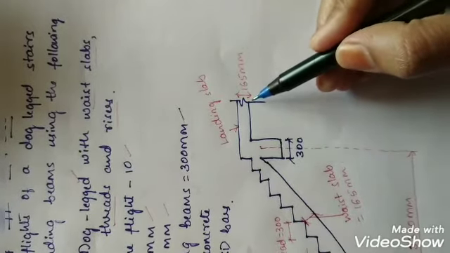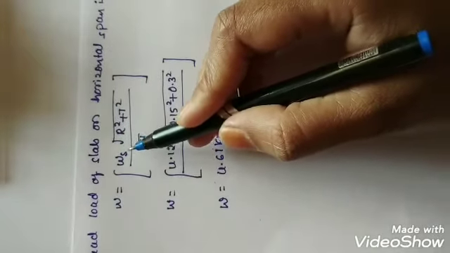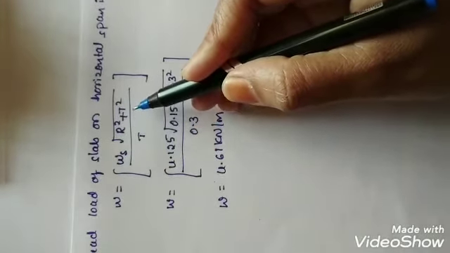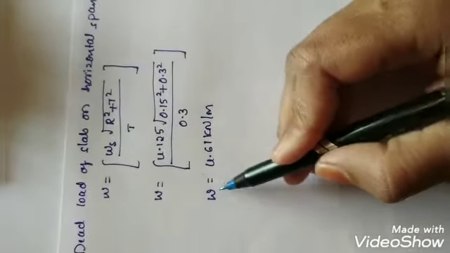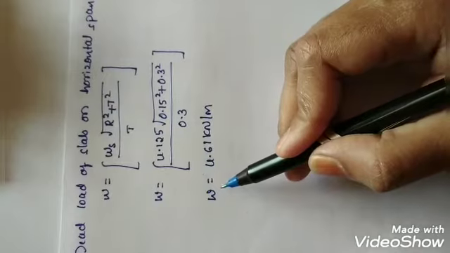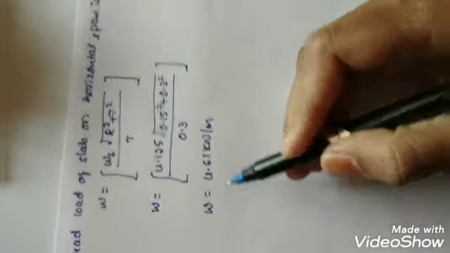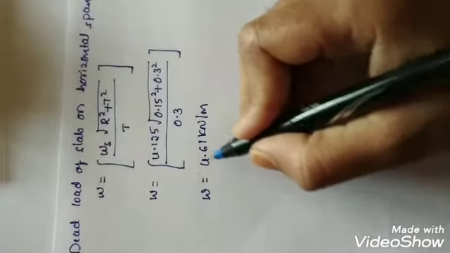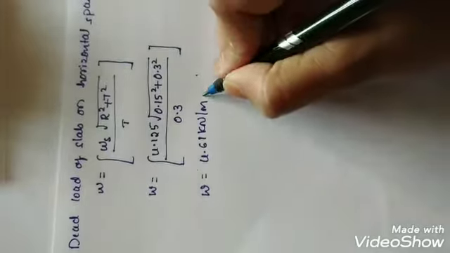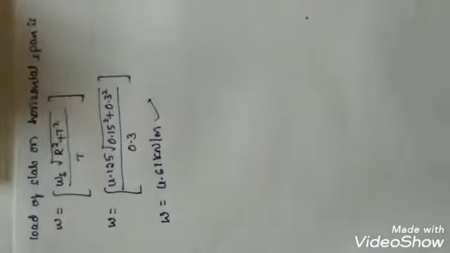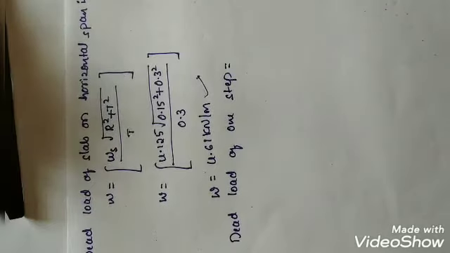We have considered this formula: W is equal to WS into square root of R square plus T square, divided by T. Using this formula, we need to calculate the value of W. W is nothing but the dead load of slab on the horizontal span. If we substitute and calculate, we get W as 4.61 kilonewton per meter. So that is the dead load of slab on the horizontal span.